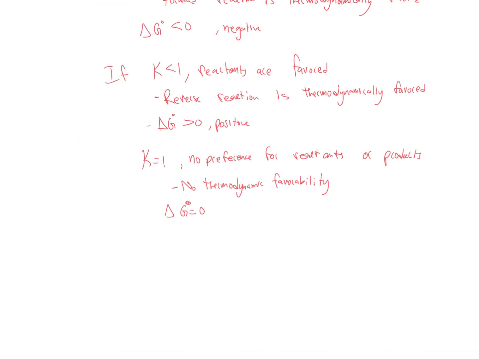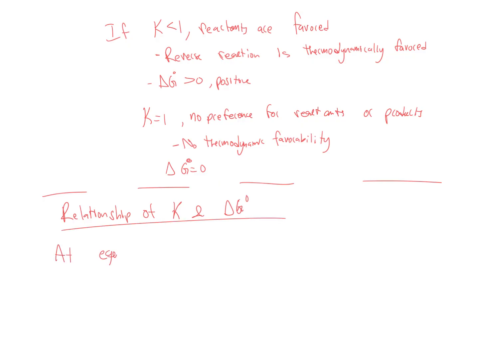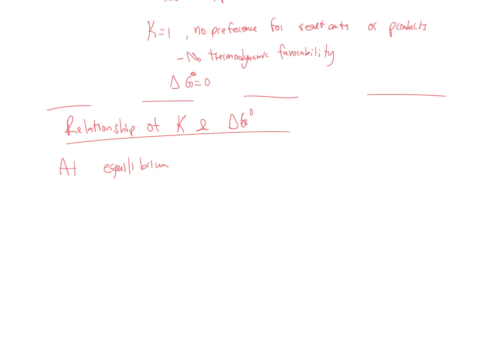And there's a certain equation that you can use to relate K and delta G. And I'm going to show you that right now. So, at equilibrium, remember that just means that you have no change in concentration over time.